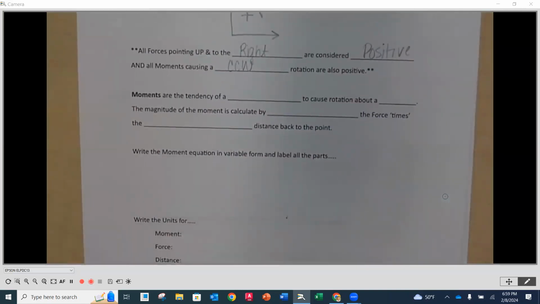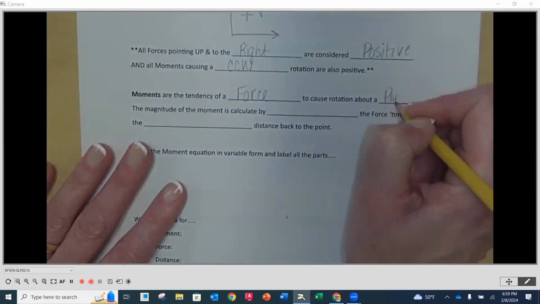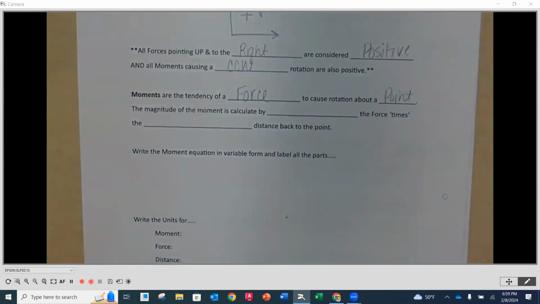Moments are the tendency of a blank to cause a rotation about a blank. A force, yep, force. About a point or an axis, either one. The magnitude of the moment is calculated by multiplying the force times the blank distance back to the point.